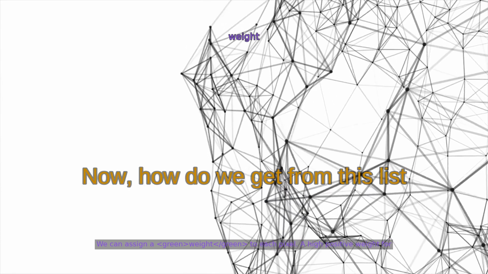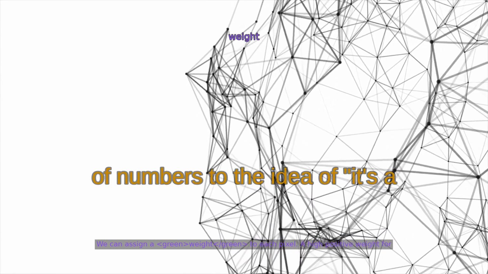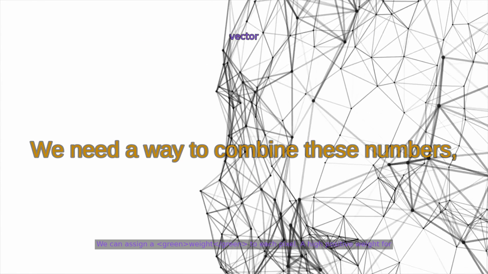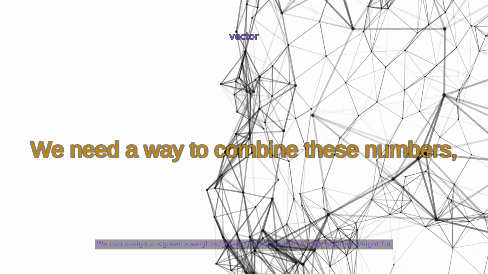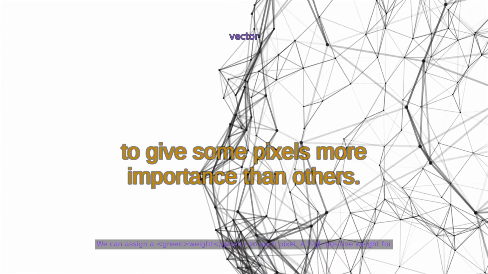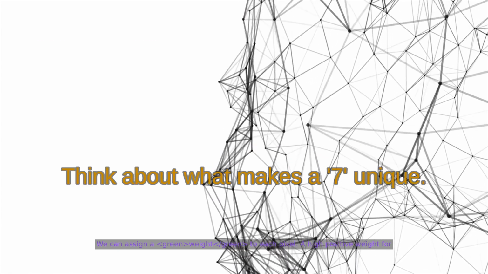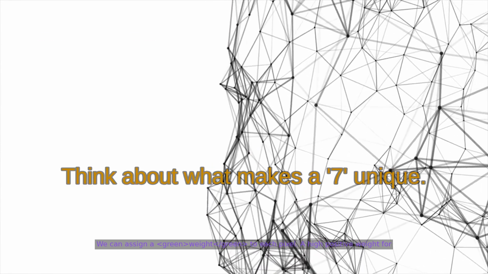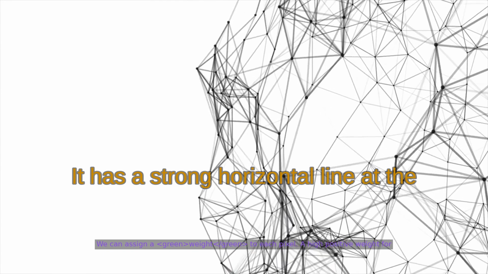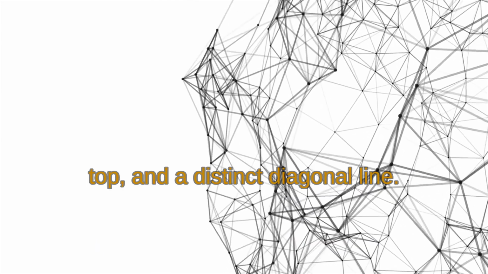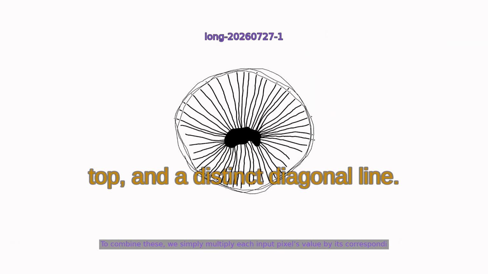Now, how do we get from this list of numbers to the idea of it's a 7? We need a way to combine these numbers, to give some pixels more importance than others. Think about what makes a 7 unique. It has a strong horizontal line at the top, and a distinct diagonal line.